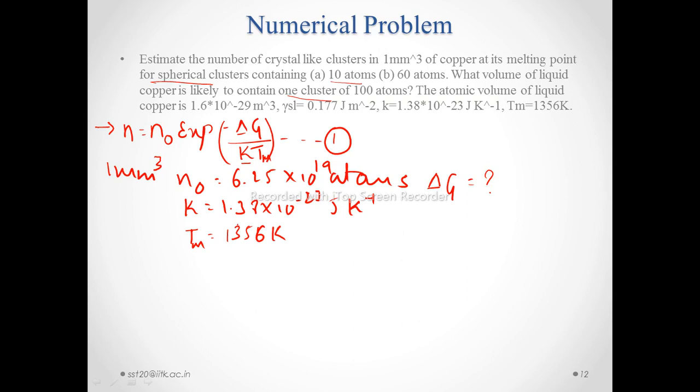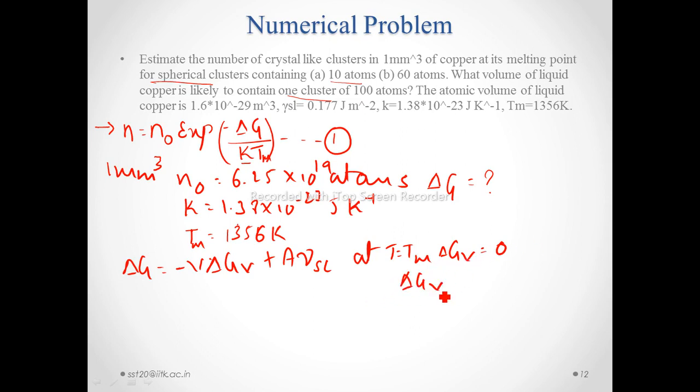From the previous slides, it is very clear that delta G can be given as minus V into delta GV plus area into gamma of SL. At T equal to Tm, delta GV is 0. How is this? Okay, I will explain.